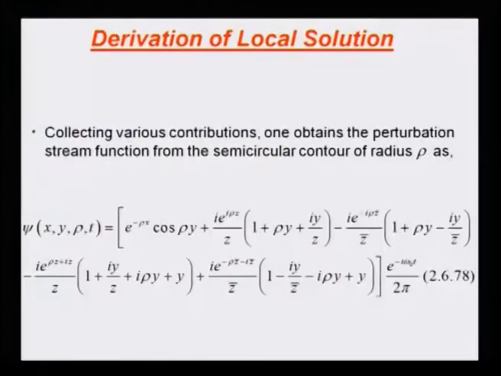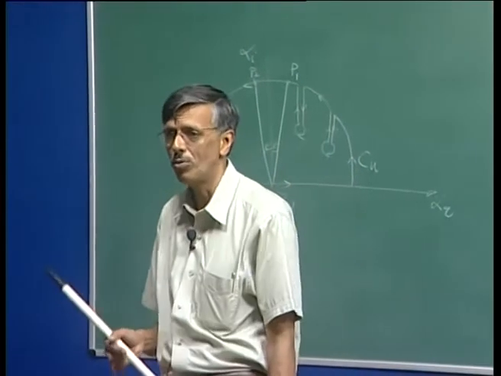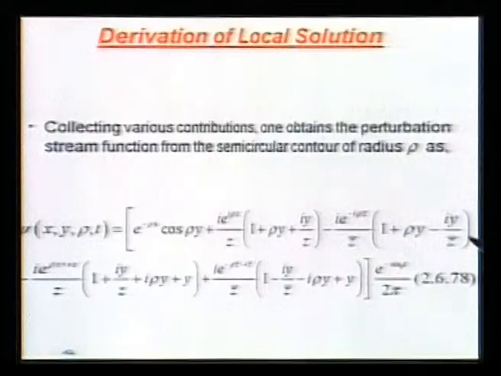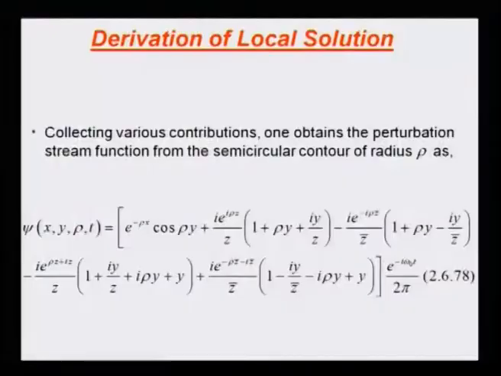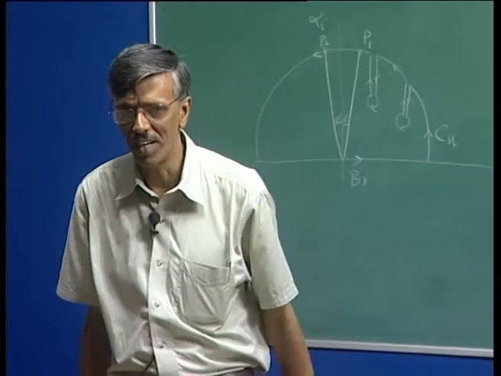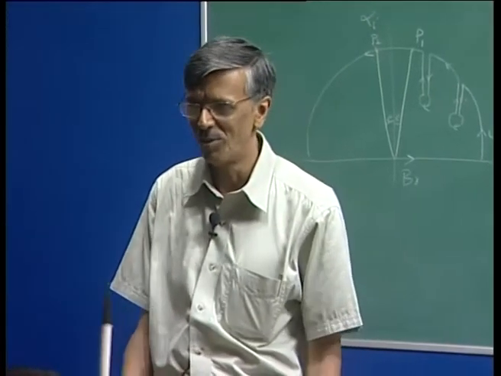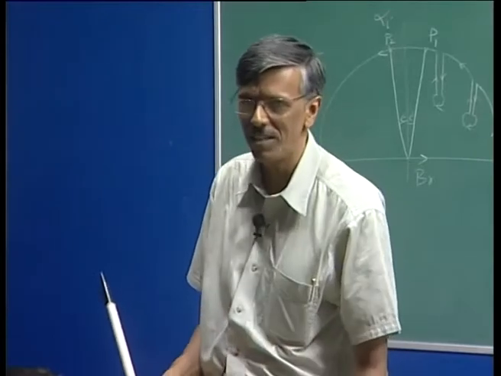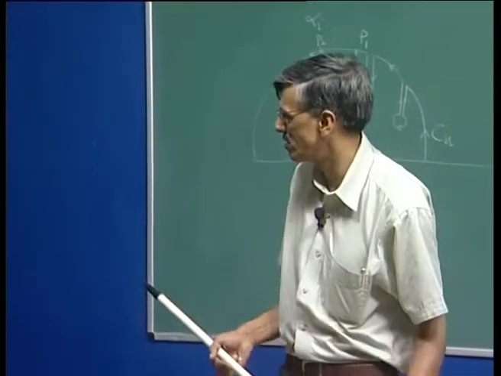We have to remember that we are looking at the specific case when rho goes to infinity, right? And this function, of course, if you try to code it and try to plot it, will look horrendous because it will show fantastically fast varying phases.